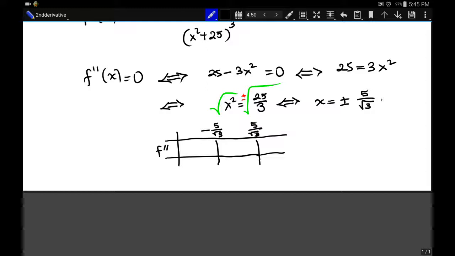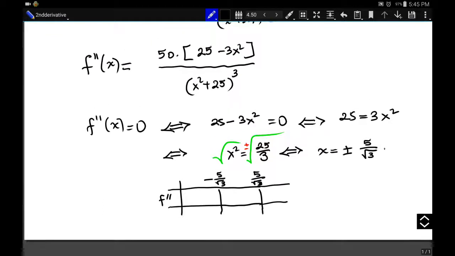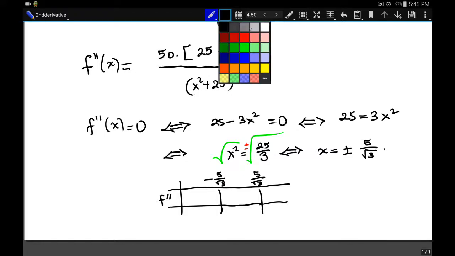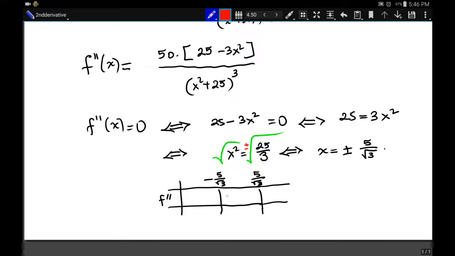If you plug 0 into f double prime, it is 50 times 25 divided by this, which is a positive quantity. So if I plug 0, which is in this interval, the sign is plus. And then if you plug in, say, negative 5, this will be negative because of this; this is a much bigger number than 25.